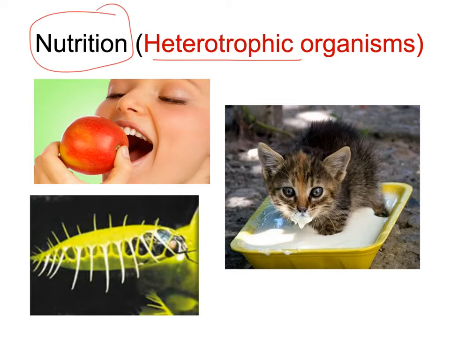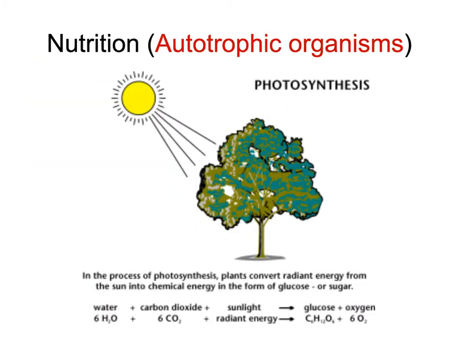Animals are heterotrophic organisms. On the other hand, some organisms such as plants and some kind of photosynthetic organism like algae, they are autotrophic. Autotrophic means they can produce their own food by the help of photosynthesis or chemosynthesis.